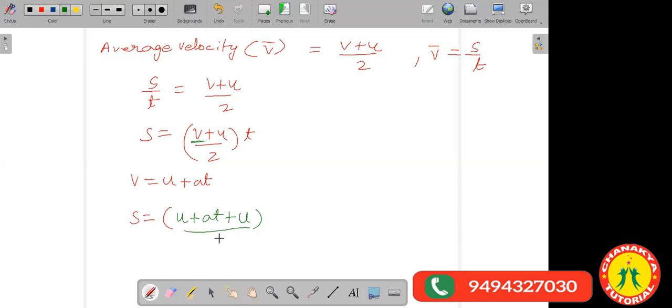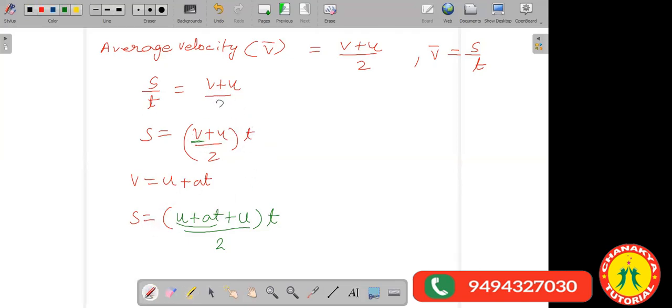Remember, in the beginning, we said that displacement will be represented by the symbol S. So have you understood? We just have replaced this v by u plus at. The remaining everything is same.